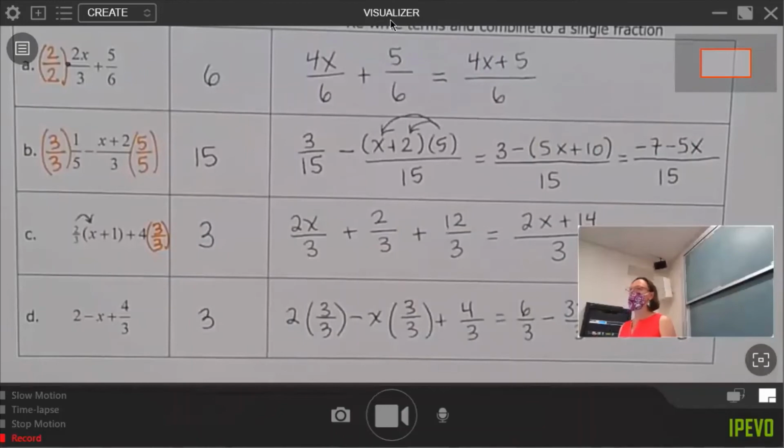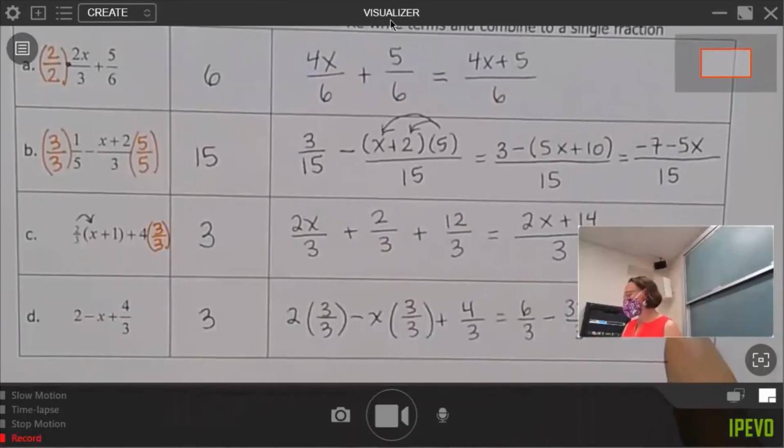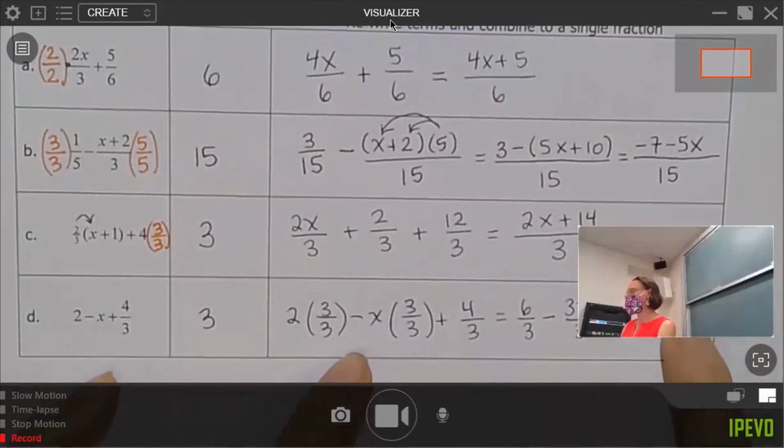Because in the first one, it doesn't matter what we put, or it has to be in the order we added. It doesn't matter. The reason that I would choose in this case to put the 3x at the back is because it's negative. By writing it as 10 minus 3x, I avoid the confusion of having a minus sign in the front.